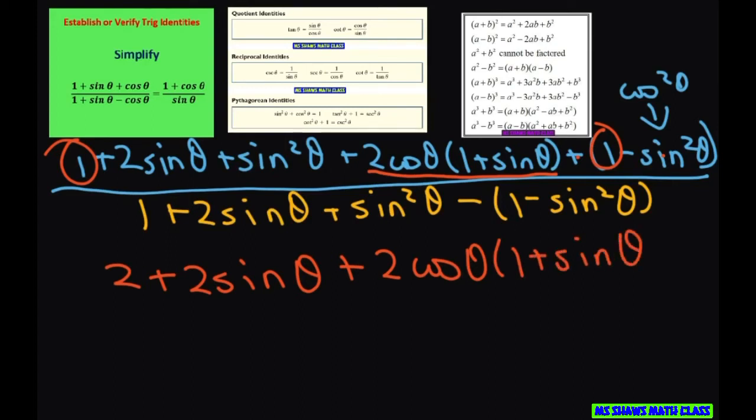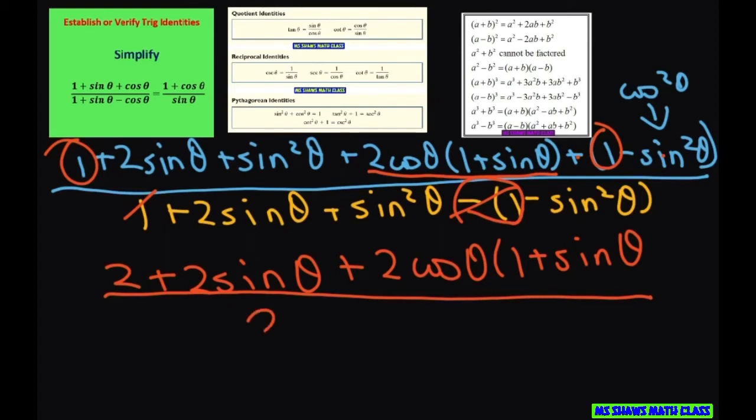All right? Now the denominator, when you do this, you're going to subtract the 1. So the 1's are going to cancel. And what you're left with is 2 sine of theta plus 2 sine squared of theta. Right, that's what you have in the denominator.